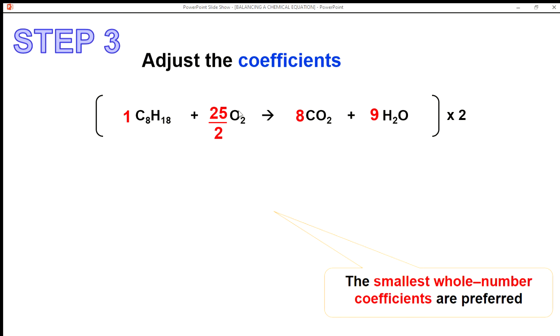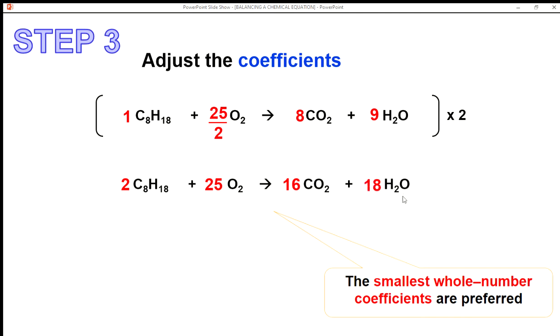So what we should do is multiply the whole equation by 2, because we want to convert this 25 over 2, this fraction here, into a whole number. What will happen to this equation? 1 times 2, we get 2. 25 over 2 times 2, you get 25. 8 times 2, we get 16, and 9 times 2, 18.